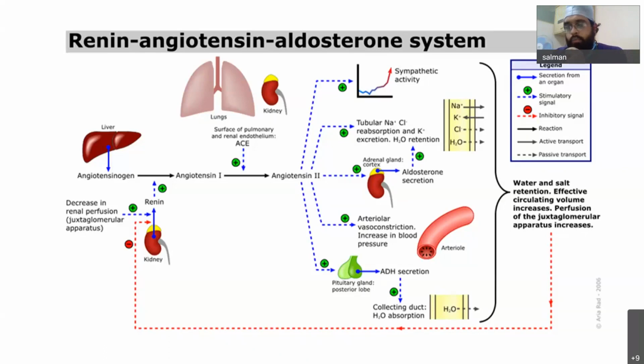Now, angiotensin 1 receptors have different actions on different body systems. So it acts on the arterioles to cause vasoconstriction, and this is facilitated by increasing intracellular calcium in the cells. Angiotensin 2 acts on the hypothalamus, which causes increase in antidiuretic hormone secretion, and this causes increased thirst.